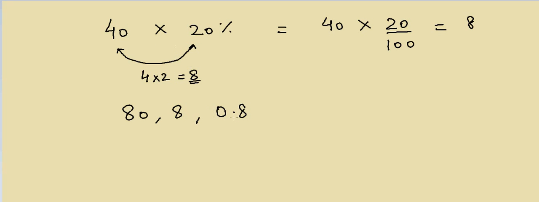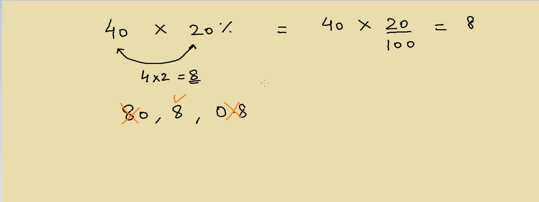So if we are making any mistake with the zeros, then these are the three possibilities. 80 is not possible because that's too far, it's a much higher number. 20%, we know that it has to be smaller than 40. And 0.8 is too small of a number. 20% is like 1/5 of a number and 0.8 is too small. So we have to have 8.